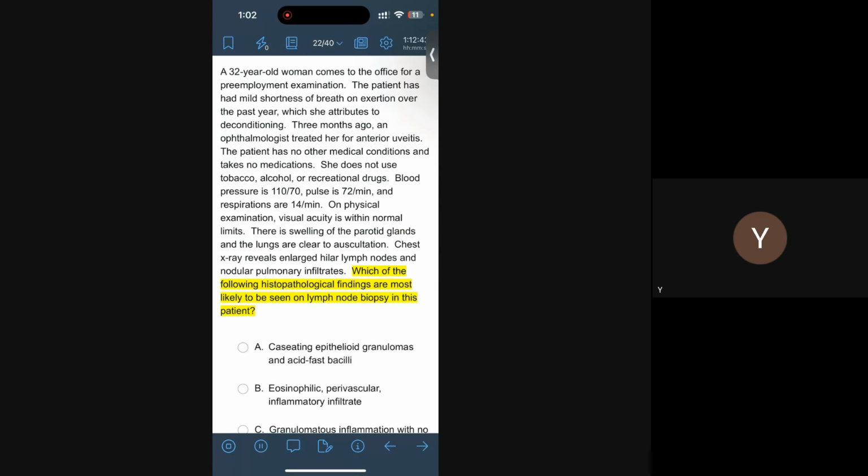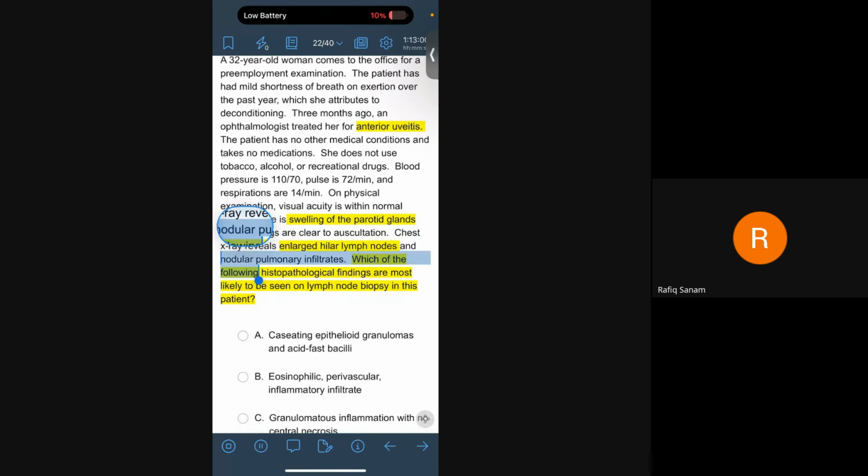What are the symptoms here? Anterior uveitis, swelling of the parotid gland, enlarged lymph nodes, nodular pulmonary infiltrates.